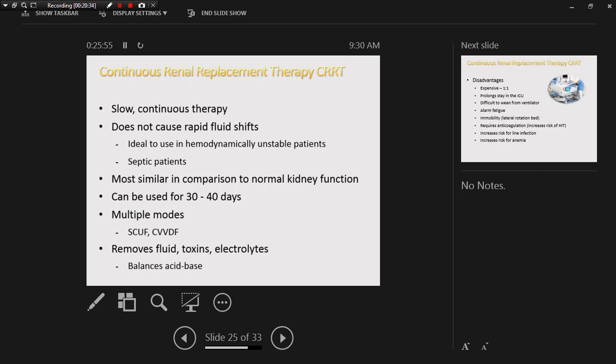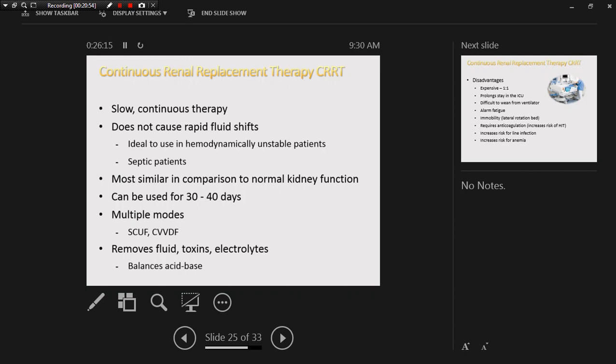So it's really ideal for patients in the ICU who, if we can get to it and use it quickly, have better outcomes. So yes, dialysis, fluid removal, but we also use it as an opportunity to help patients who are in a SIRS response or septic.